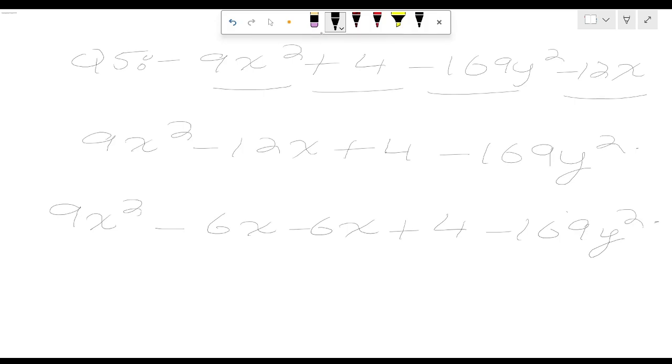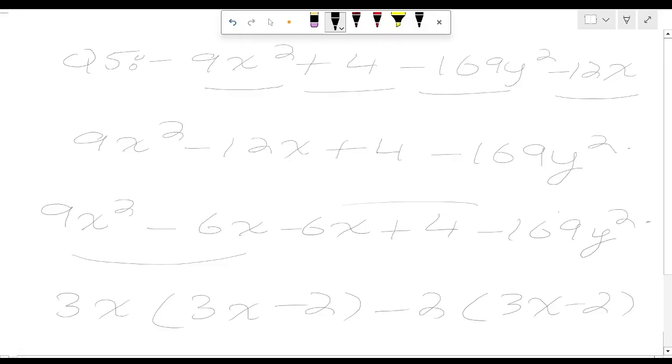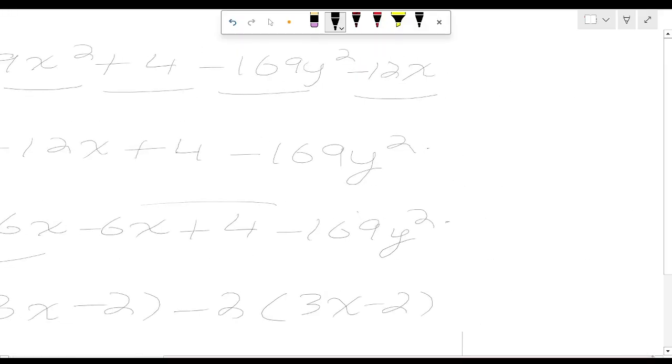Okay, next we will pick these two terms and these two terms and find the common value between them. So between these two, the common value is 3x − 2, then −2(3x − 2), and then I will write −169y² as it is.